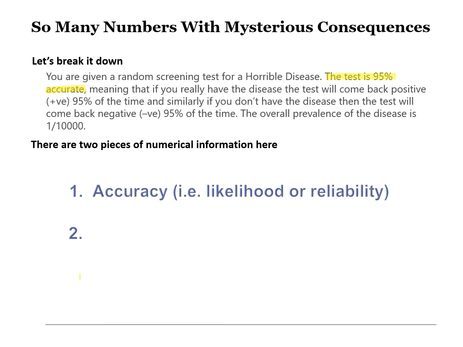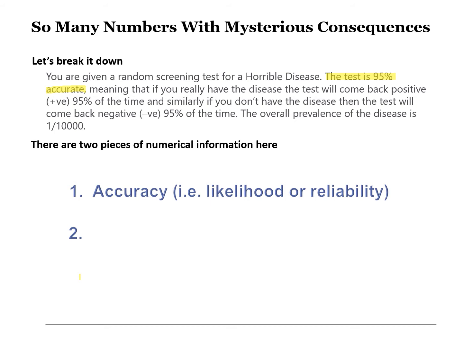Now, accuracy is the same as likelihood or reliability. In earlier weeks, likelihood was mentioned a few times, and reliability was used by Andrew in week 8. Every time we've referred to this concept, we've described what it means, and we've linked it to the mathematical symbols that make up the components of Bayes' equation.